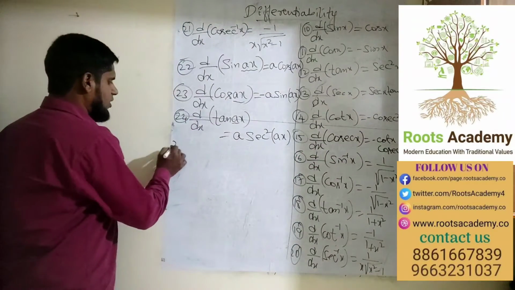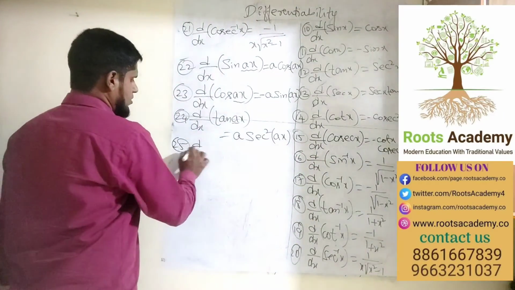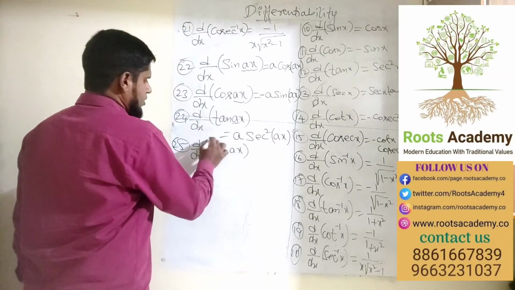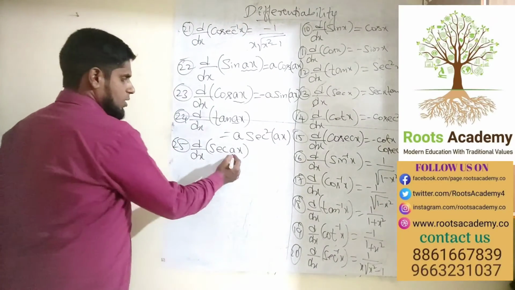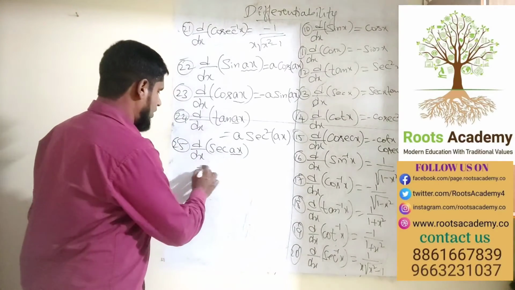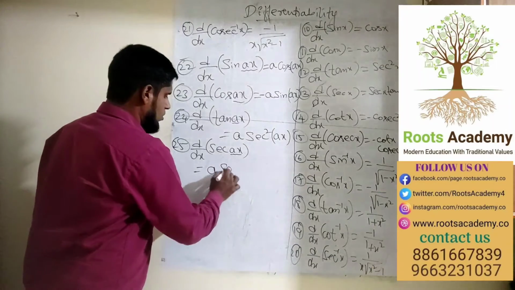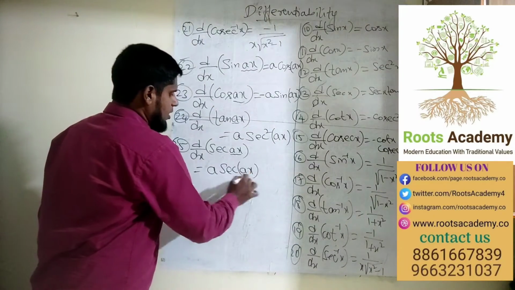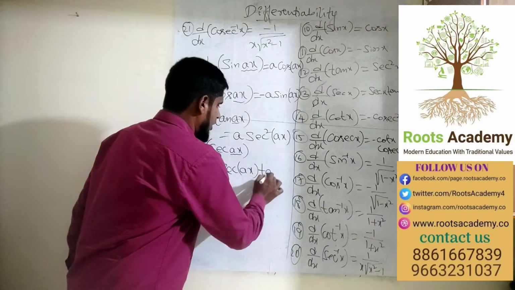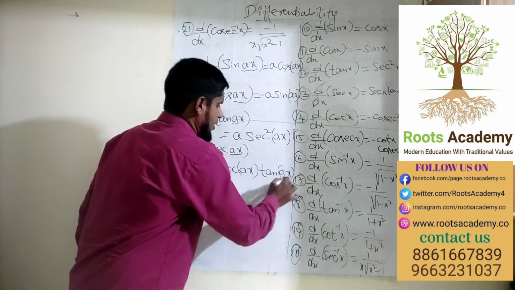For example, if I take the derivative of secant ax, d by dx of secant ax. Here the angle is ax, so its derivative is a into secant ax. Angle remains same for its derivative also, into tan ax.